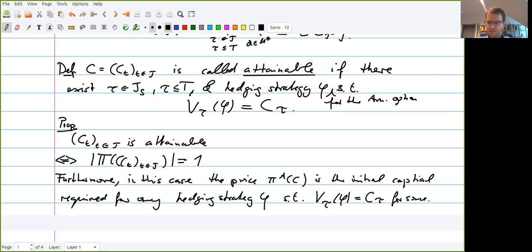This does not need to hold for all tau, but basically for the optimal one. And of course we're only considering stopping times which are less than T. In particular, this also means that you cannot do better: the minimal initial capital for a hedging strategy which matches the payoff of the American option, if you stop optimally, has to be the arbitrage-free price of the American option.